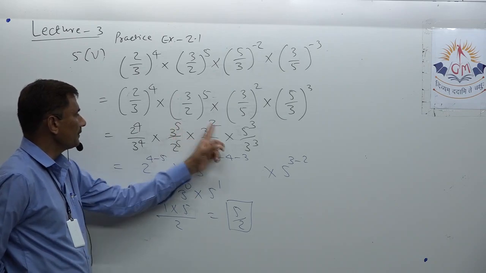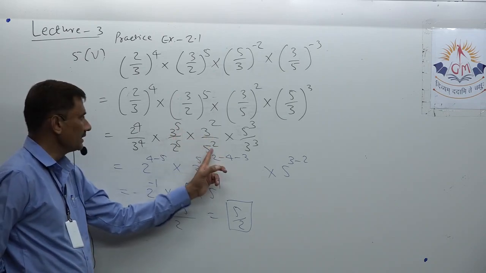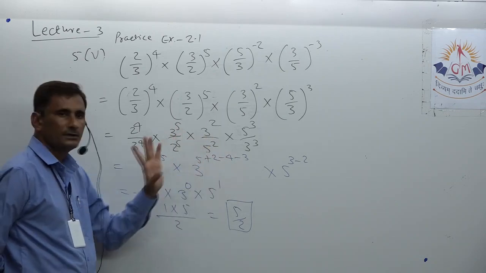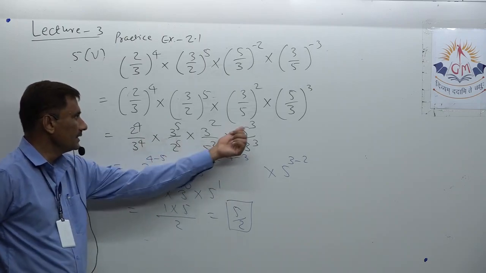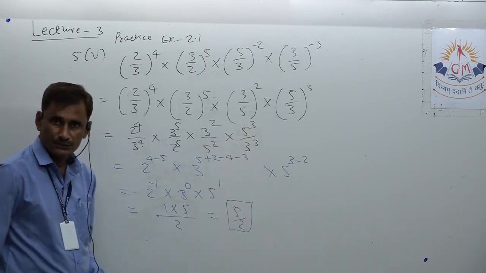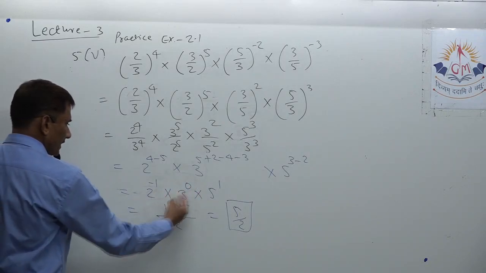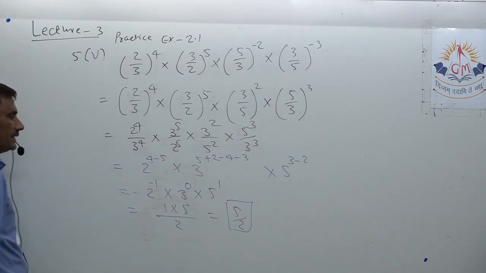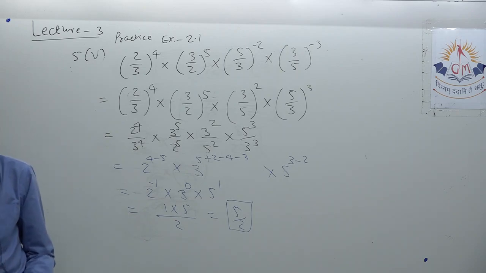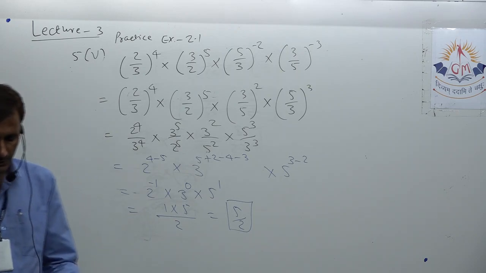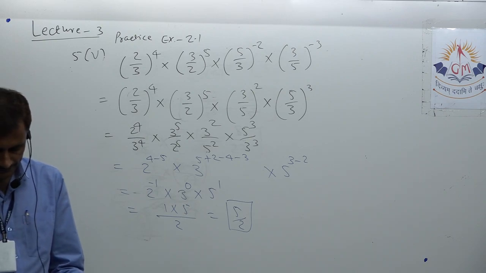Here 3, 5 plus 2, why in numerator? Then denominator becomes opposite, means negative. Likewise here 3 minus 2. Okay, so just count all of them. So we found that one. So it is 5 by 2 left. That is our answer. Okay, now note it down.